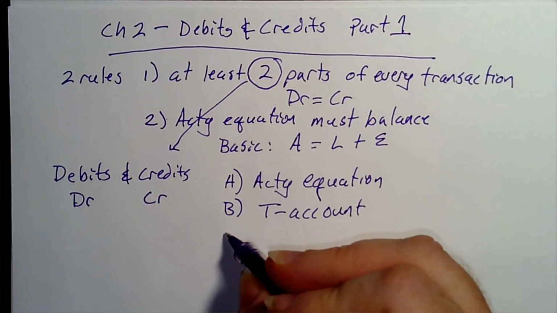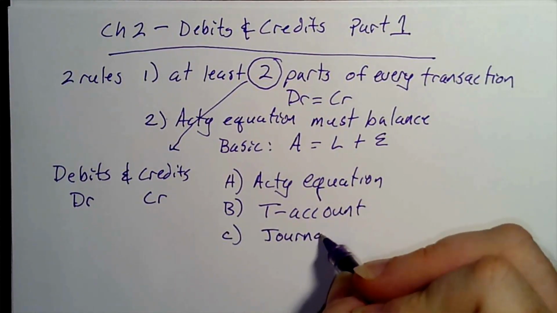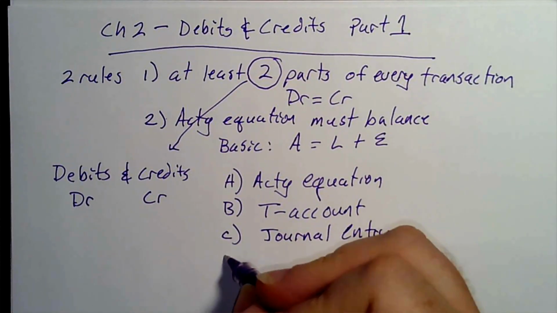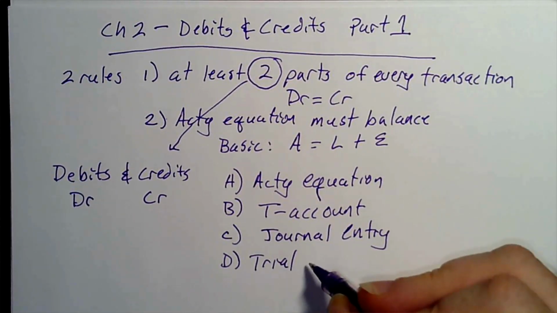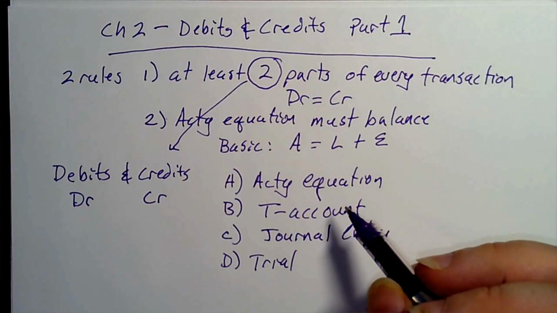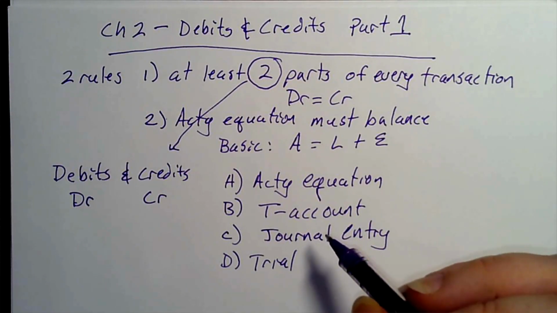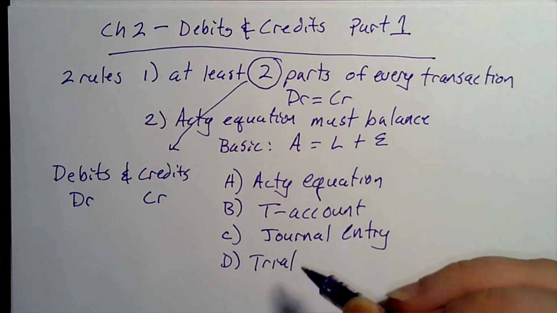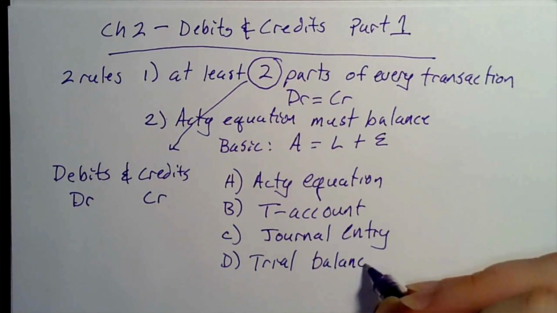The journal entry will also use debits and credits. And the last one is going to be the trial balance, which will also use debits and credits. With the accounting equation, we got away with just talking about an increase to cash or a decrease to cash, but now we're going to define things, rather than as increases or decreases, as whether they're a debit or credit.